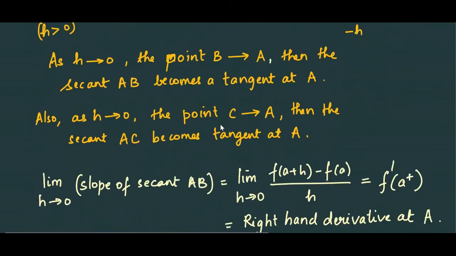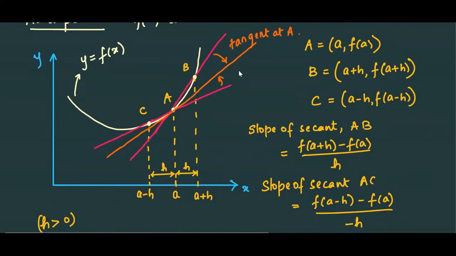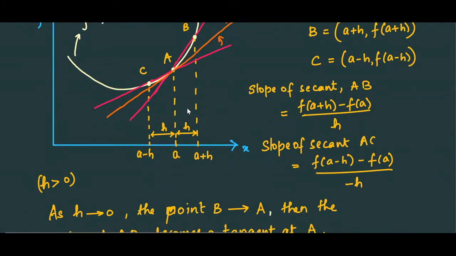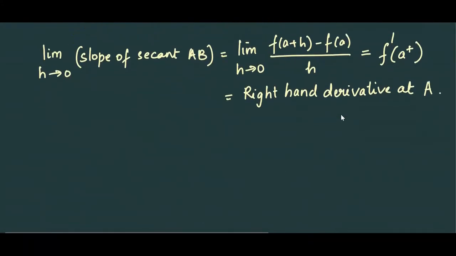If that happens, so if you get a tangent by taking A and a point just to the right of A and draw a line, you get the slope of the tangent at A taken from the right, and it is called the right hand derivative.